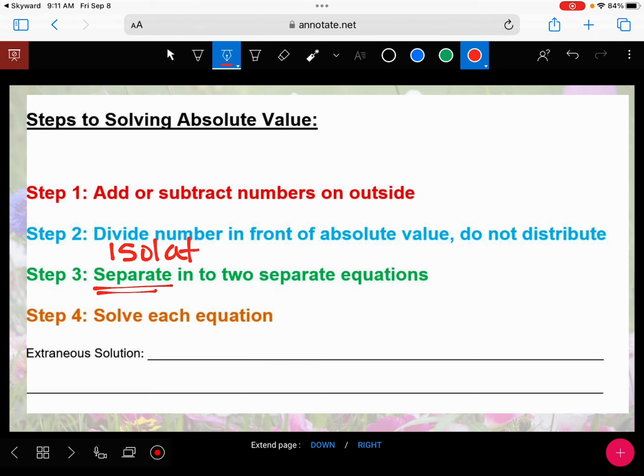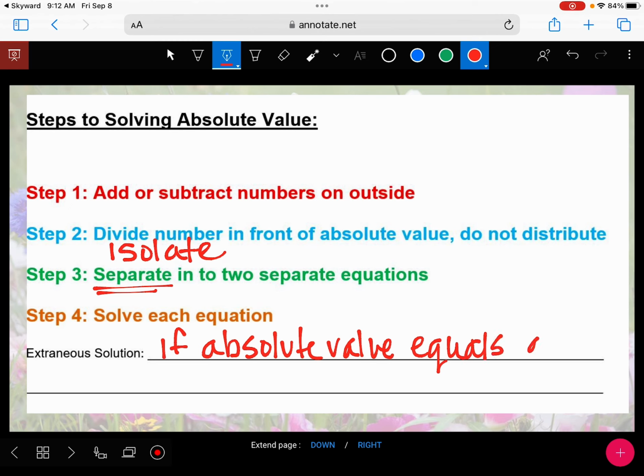We have to get that absolute value by itself, and then we're going to break it apart and solve each equation. If we isolate and the absolute value equals a negative number, then we know that it is no solution.